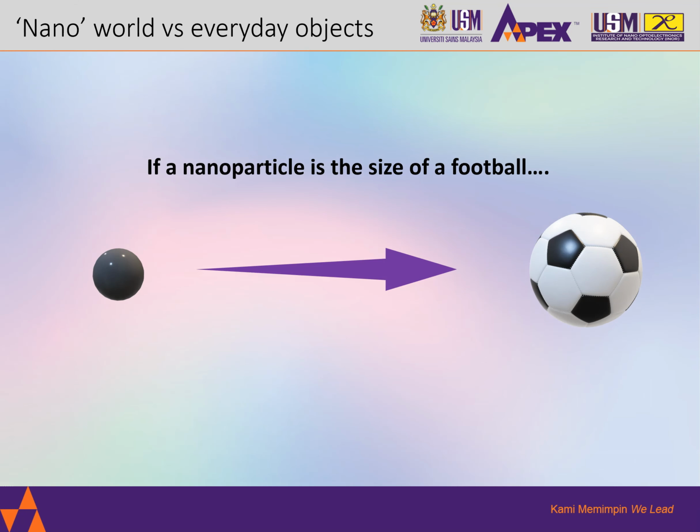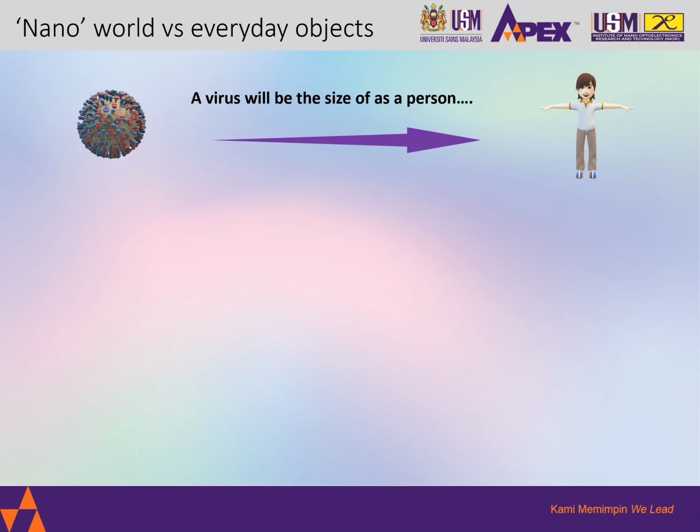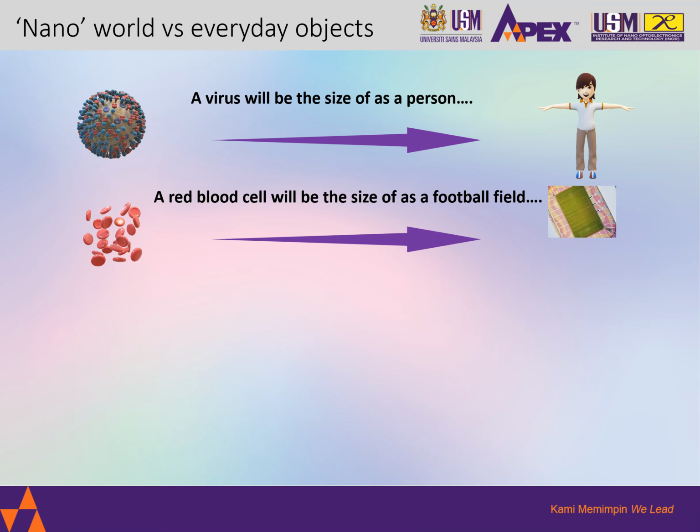To be able to imagine the nano world, or the smallness of nanoscale, let's take this analogy. If a nanoparticle is the size of a football, a virus will be the size of a person, and a red blood cell will be the size of a football field.